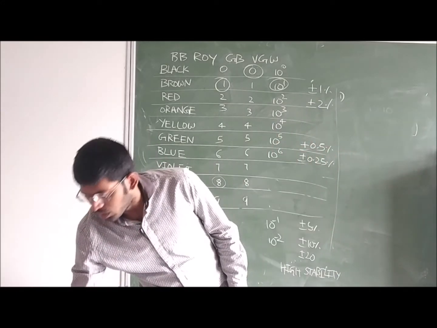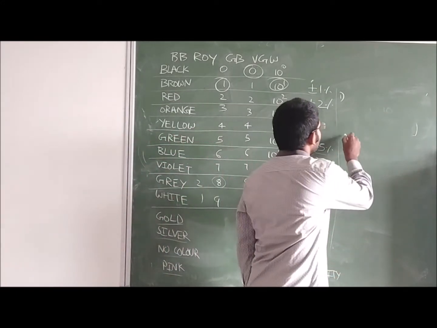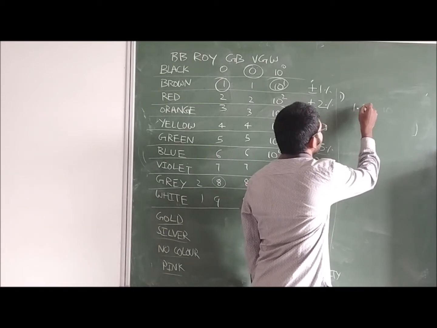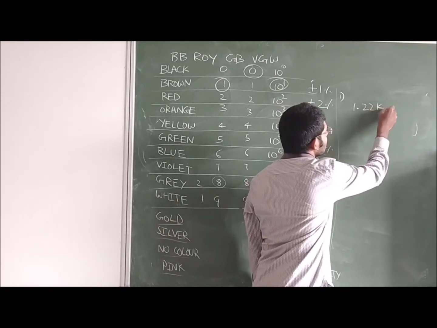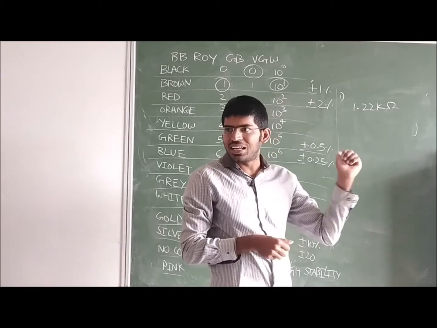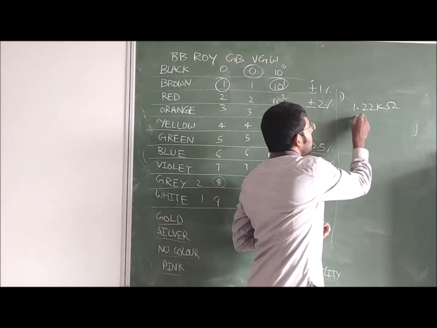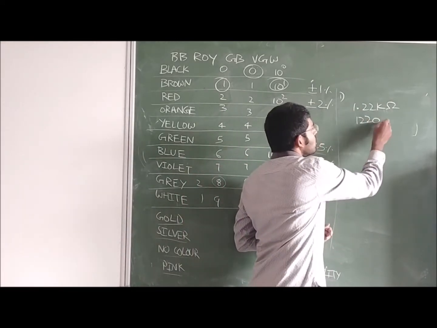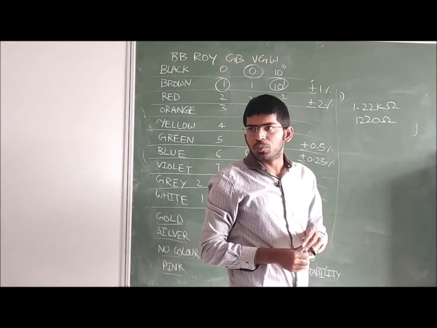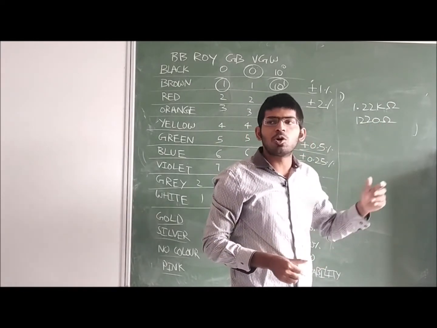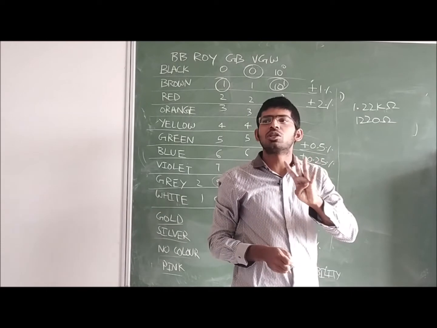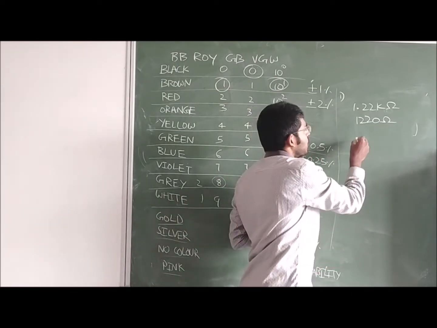Now sometimes there is a resistance like 1220 ohms, and it is not possible to denote this resistance value using 4 bands. Why, we will see.